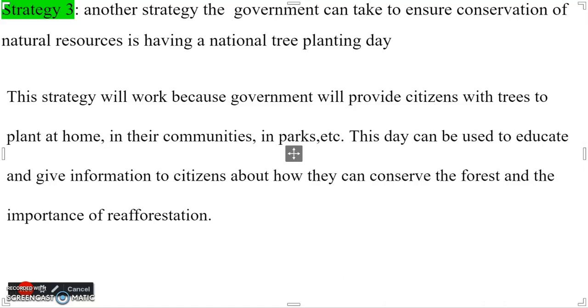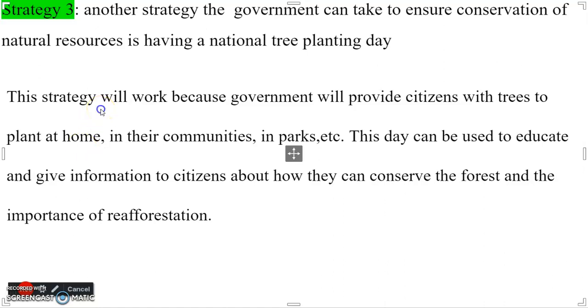And if it's a National Resource Day, the government could also initiate a beach cleanup day or cleanup day where they collect plastic bottles, right, in order to help to conserve our natural resources.